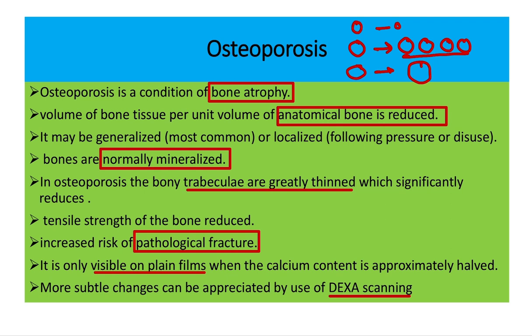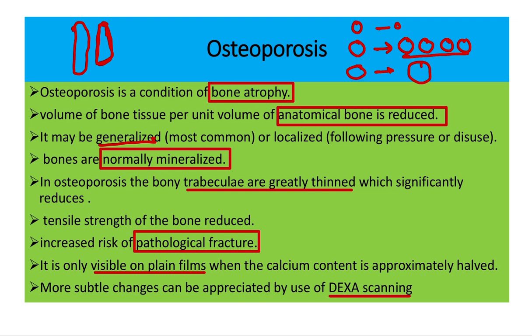That means the total bone size, such as a bone involving this area, but in case of osteoporosis, this bone size usually reduces like this. And it may be generalized, that means in the whole body, or it may be localized to a definite portion, but it is normally mineralized.